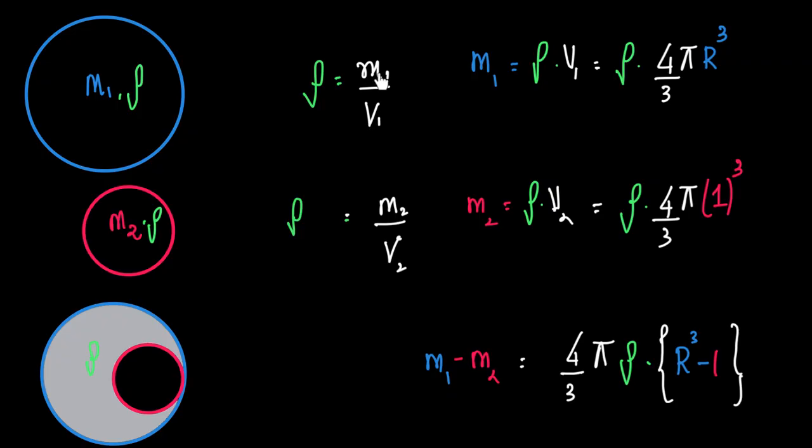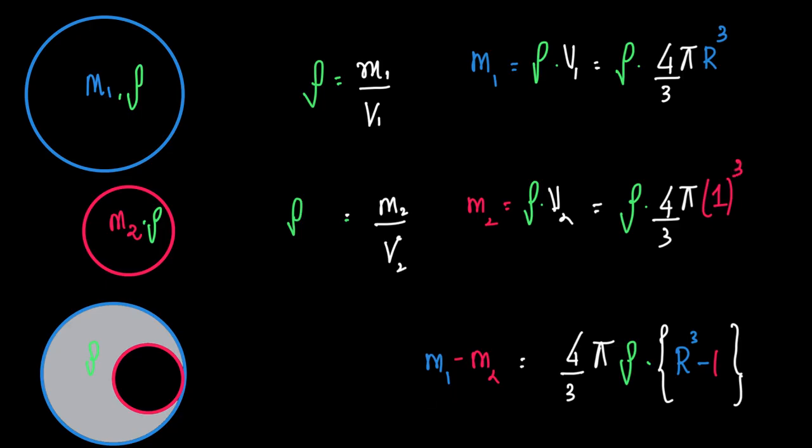So M1 will be rho V1, and M2 will be rho V2. What is V1? Being a sphere, the volume will be 4 by 3 pi r1 cube. Since r1 is capital R, this would be 4 by 3 pi R cube. The smaller sphere is of radius 1, so V2 will be 4 by 3 pi 1 cube.